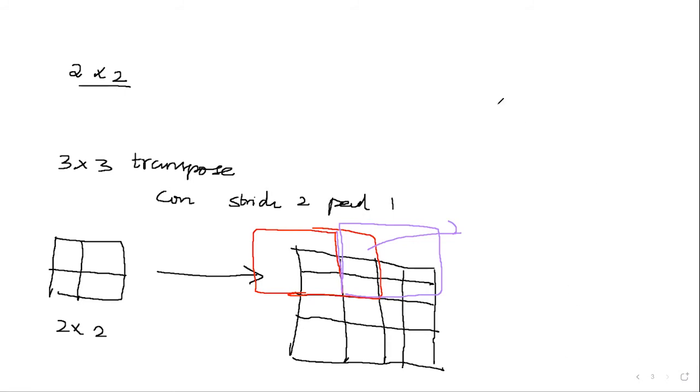So say I have an input A and B, and I have filters X, Y, Z. What will the output be? The output is going to be AX, AY, and AZ. Similarly, I will get BX, BY, and BZ.